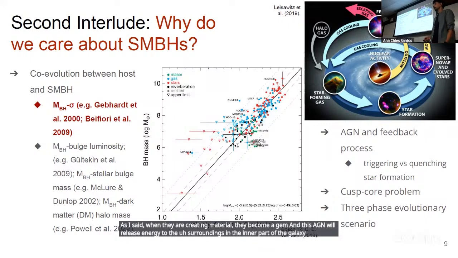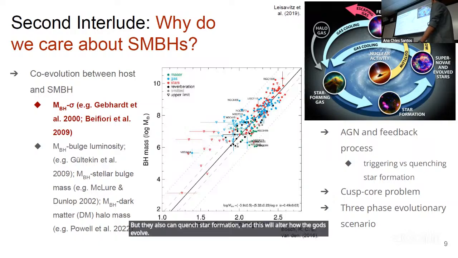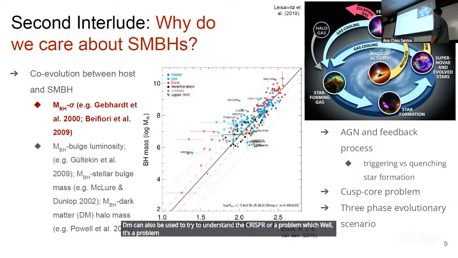This energy has a lot of implications because it can trigger star formation, but it can also quench star formation, and this will alter how the galaxy evolves. The AGN can also be used to try to understand the cusp-core problem, which is a problem around the central mass distribution of halos. And yeah, so there are a lot of connections between the black hole and the host.